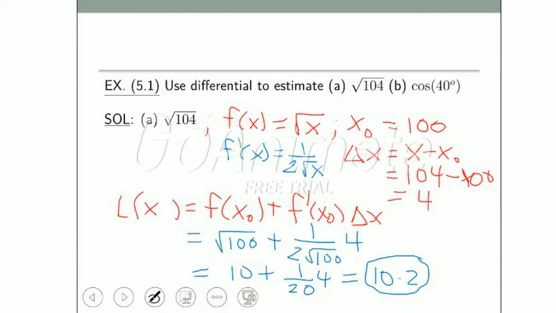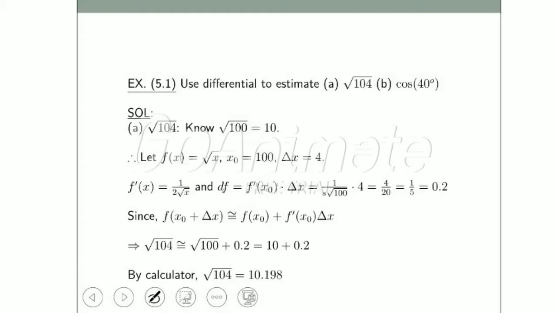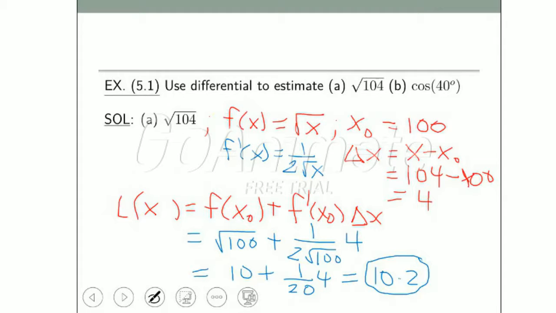Now, when we plug in square root of 104 in the calculator, what do we actually get? Well, I've put up the solutions in another part of the PowerPoint. In fact, using the calculator it is 10.198. So it's very close, right, to 10.2. So it's a good approximation.